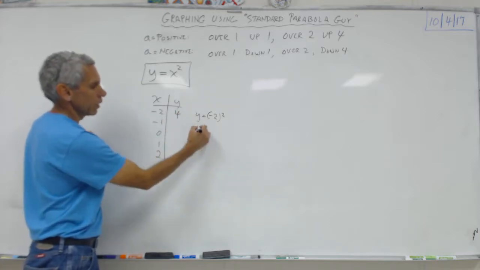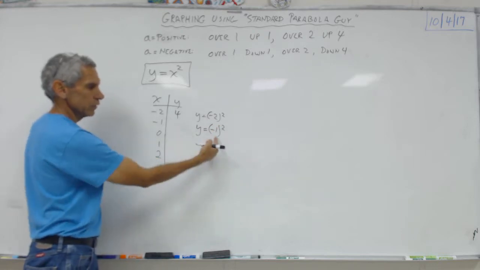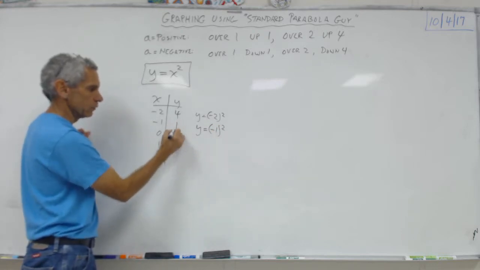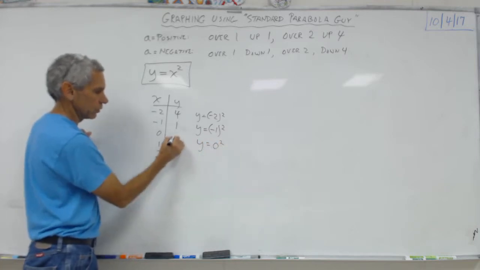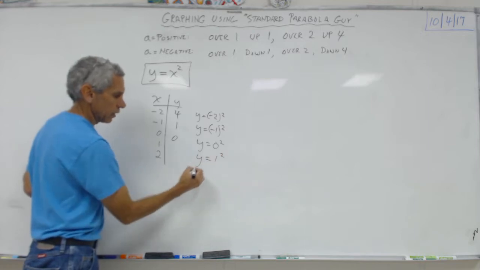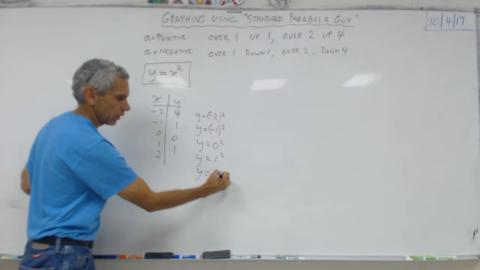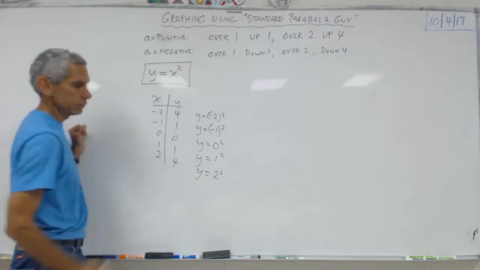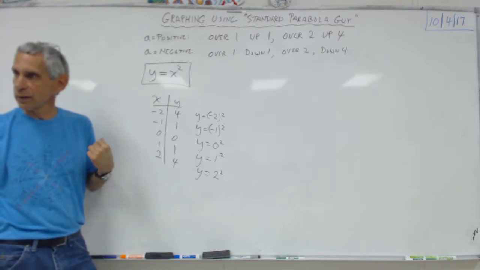When x is negative 1, y is equal to negative 1 squared, which is negative 1 times negative 1, positive 1. When x is 0, y is equal to 0 squared, which is 0. When x is 1, y is 1 squared, which is 1. And when x is 2, y is 2 squared, which is 4. That's pretty straightforward. We already did that earlier today in practice, right?